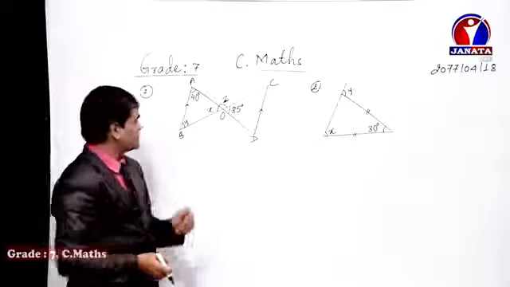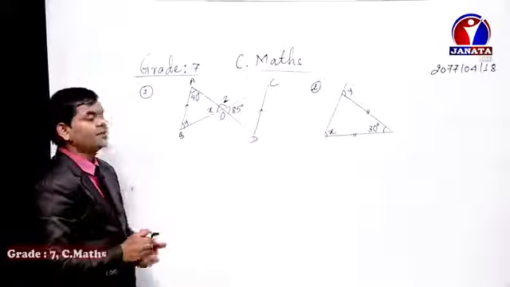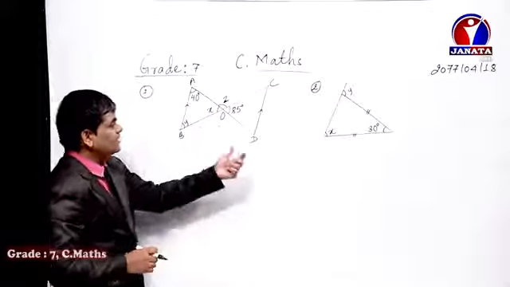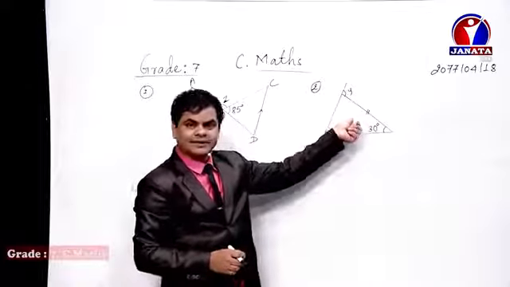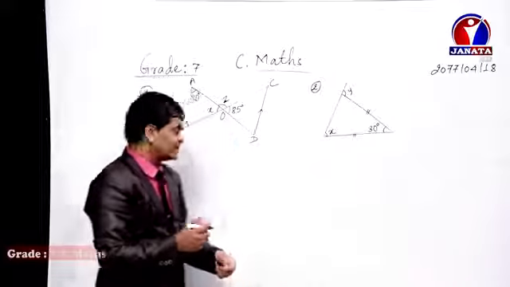Just find the unknown angles of the given figure. So let's do this one first. I have enlisted another question as well; after completion of this one, we'll focus on that question.